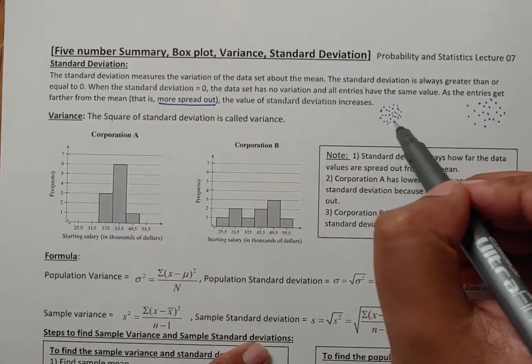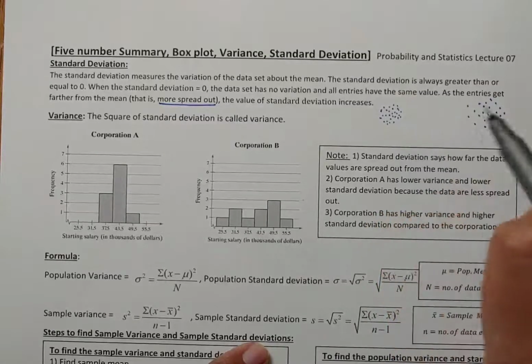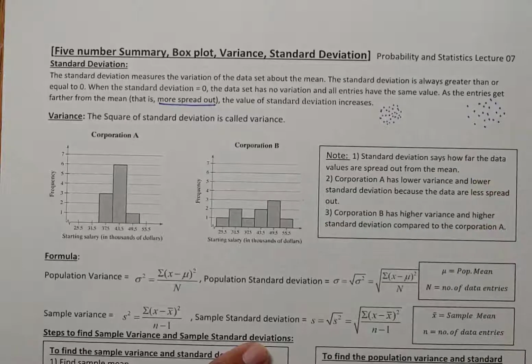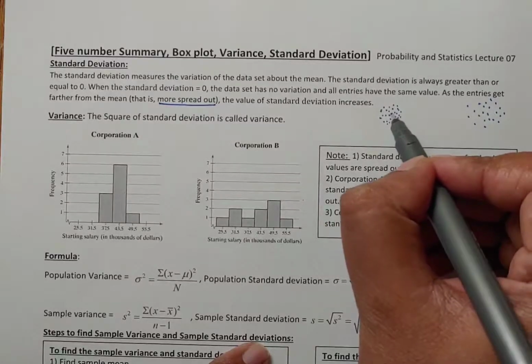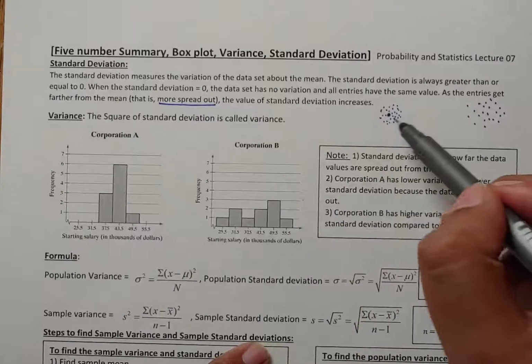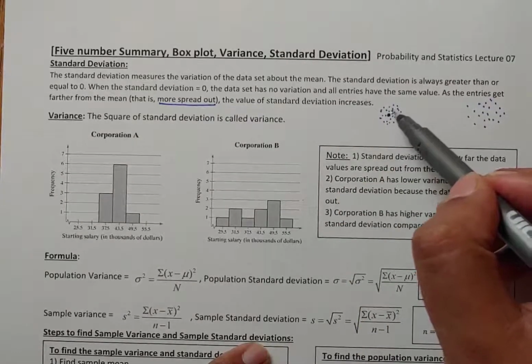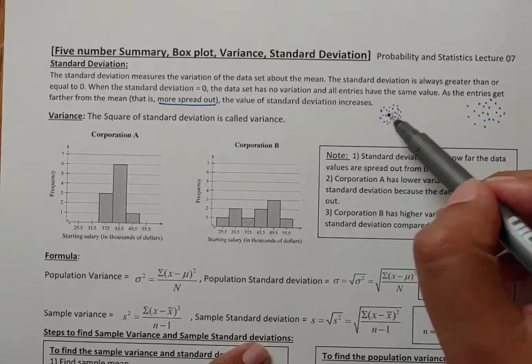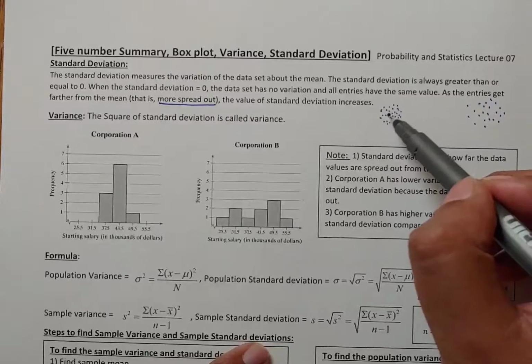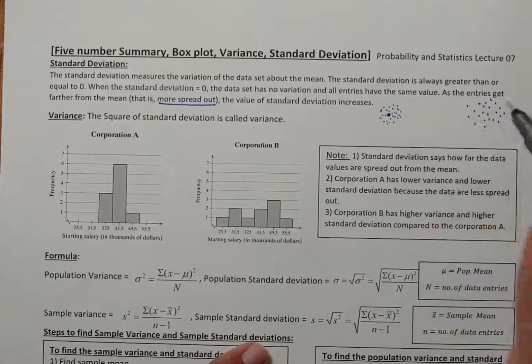This data is more compact and this data is more spread out. Let's say this is the mean of this data. If you measure the distance from the mean to each data point, you will see that those distances are less compared to this one.